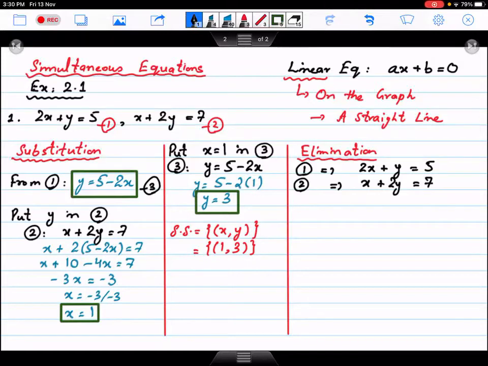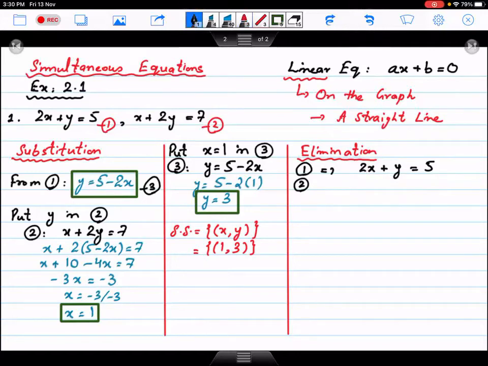Then x should have the same coefficient in both equations. In equation number 1, the coefficient of x is 2. But in equation 2, there is no written coefficient, which means the coefficient is 1.